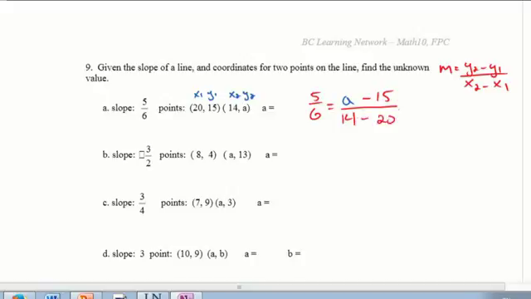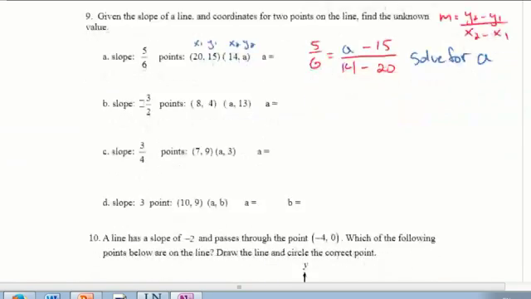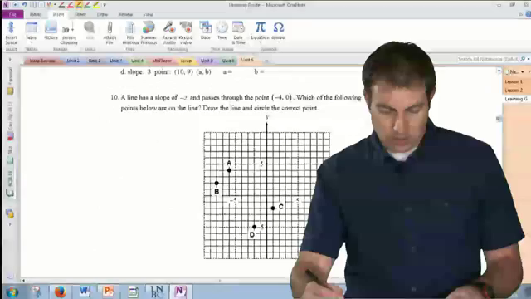The order doesn't matter. If you called this your second point and this your first point, you're still going to end up at the same spot. Your signs will be flipped, but it'll all work out. And then the idea here is that you're going to solve for a. I'll have some time to do some of those next day if you guys have a few questions about them. So we should be good there.